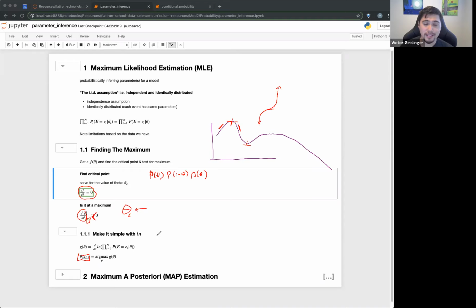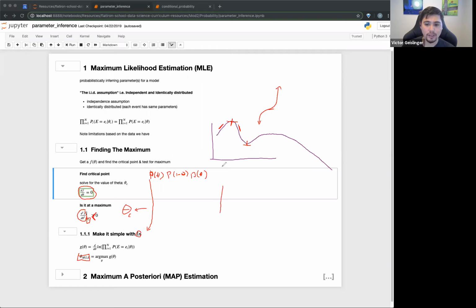So we cheat, basically. We do a log transform, and you'll notice data scientists and mathematicians love doing log transforms. That's essentially what we're doing right here. If we take the log of it first, it turns out our function will look different.